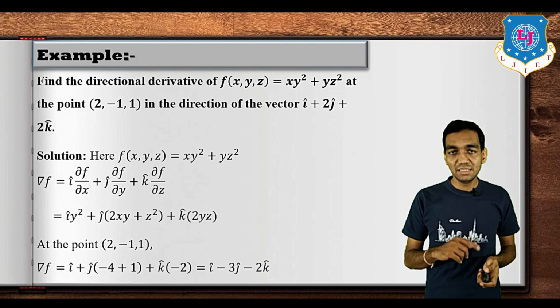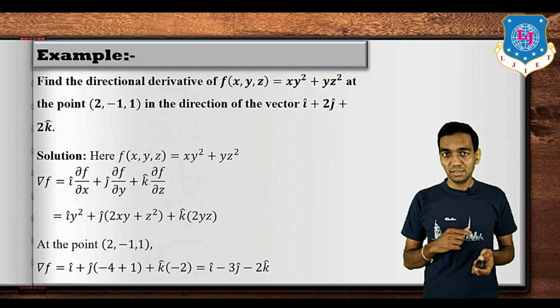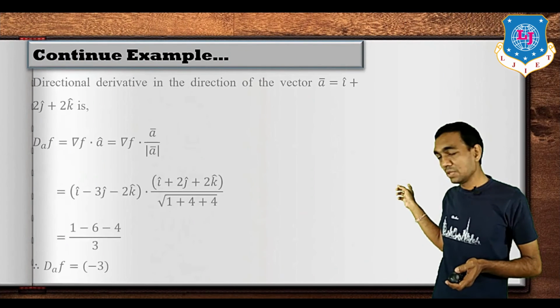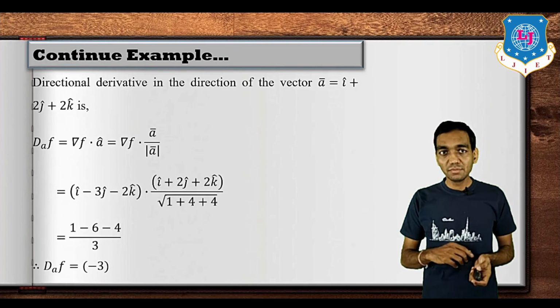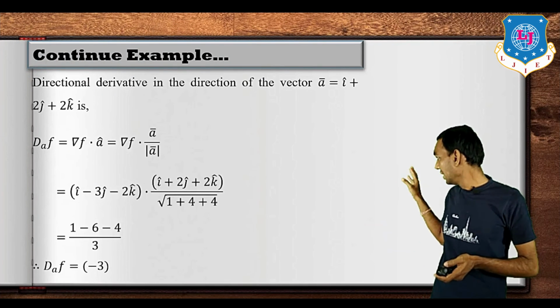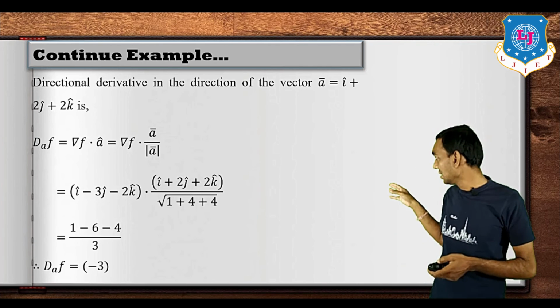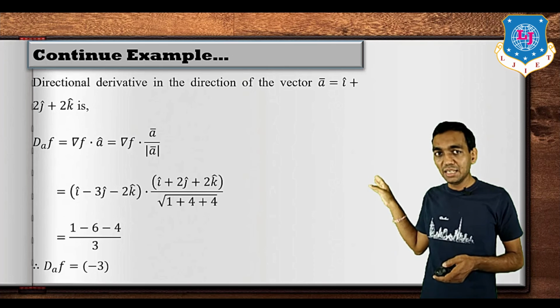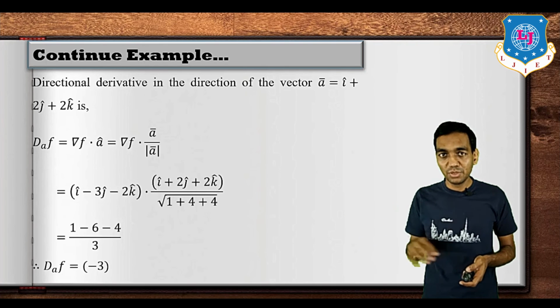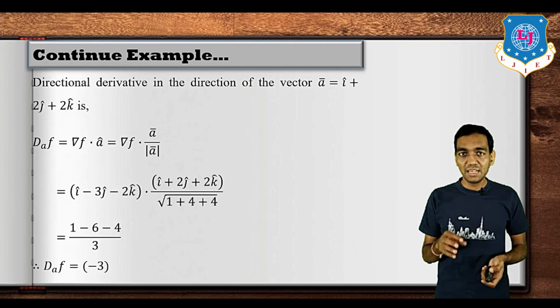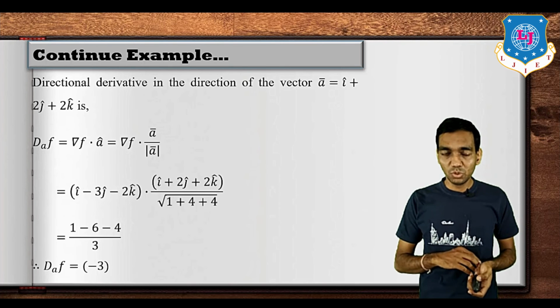Now the direction vector is i plus 2j plus 2k. So a bar is i plus 2j plus 2k, and therefore if you are finding the a cap, then it is a bar upon mod a bar. So the directional derivative capital D a of f is equal to grad f dot a cap, that is grad f dot a bar upon mod a bar.